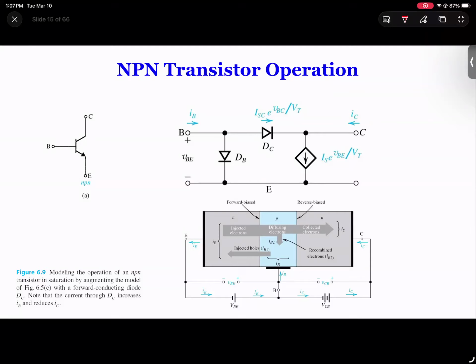The model for operation is that you have N, and you have P, you have N. Right? And then once you have current, this P. So when you connect the voltage to the junction here, it is forward biased. Electrons move. We get injected electrons moving to the collector.